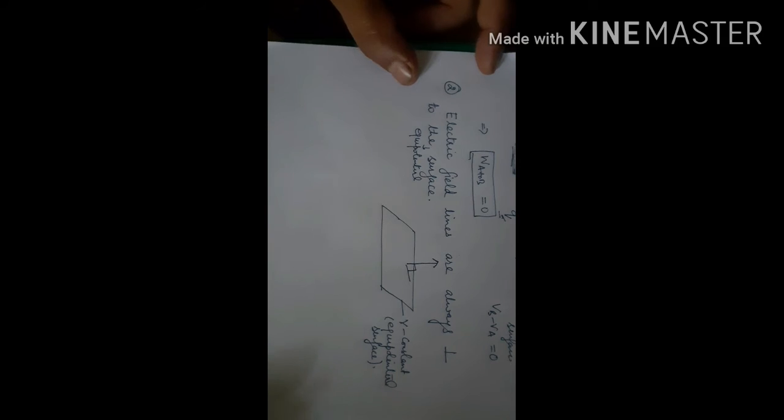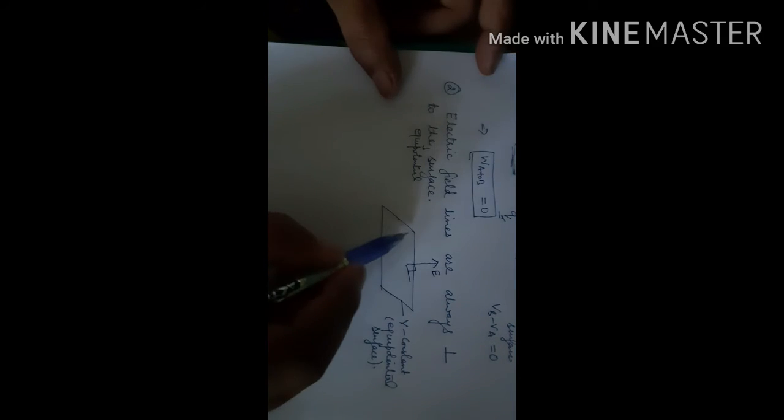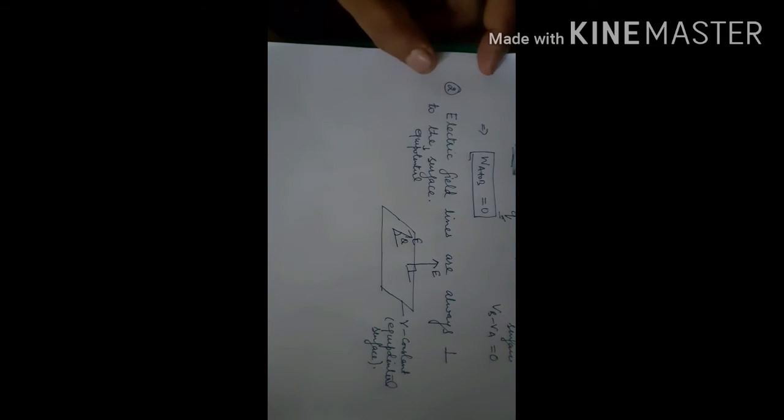To explain why it is perpendicular, let us assume that these electric field lines are not perpendicular. Suppose it is making an angle of theta with the equipotential surface.